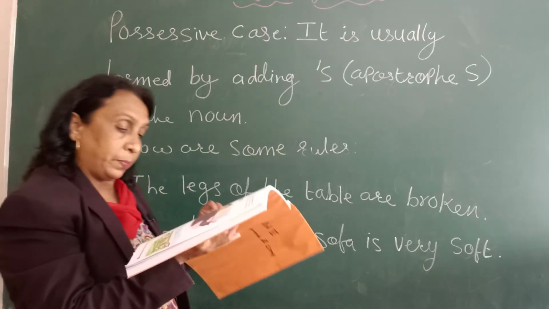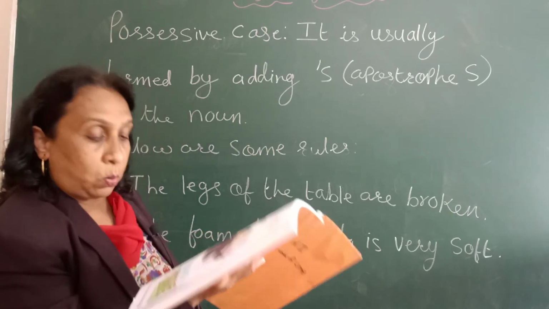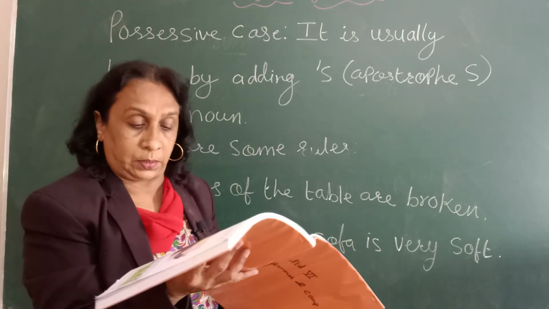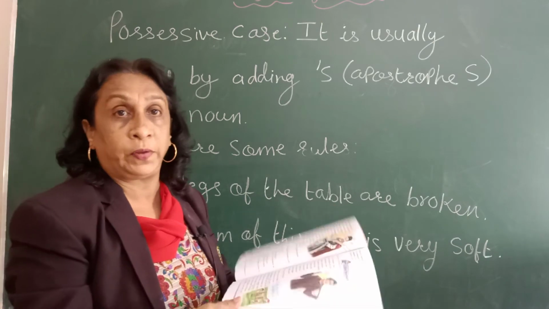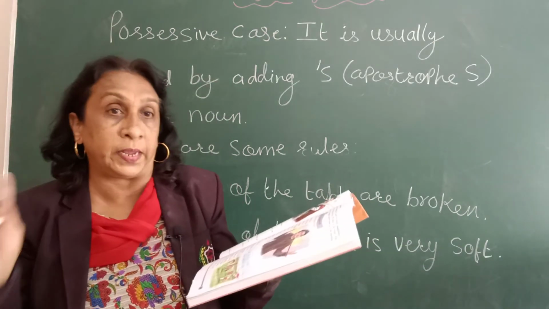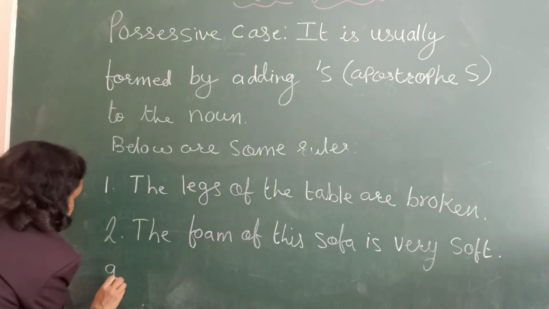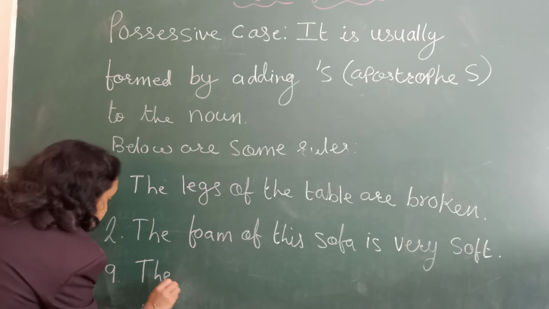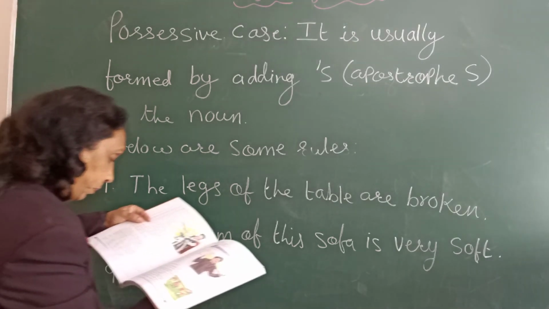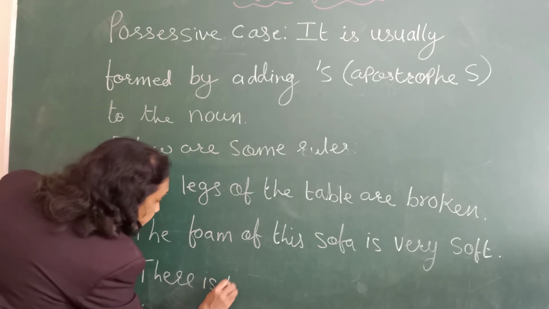Look at the ninth example. There is no girls' hostel in this town. Where is the apostrophe given? After L. After L they have written apostrophe S. But in this sentence, the correct sentence is: there is no girls' hostel in this town.